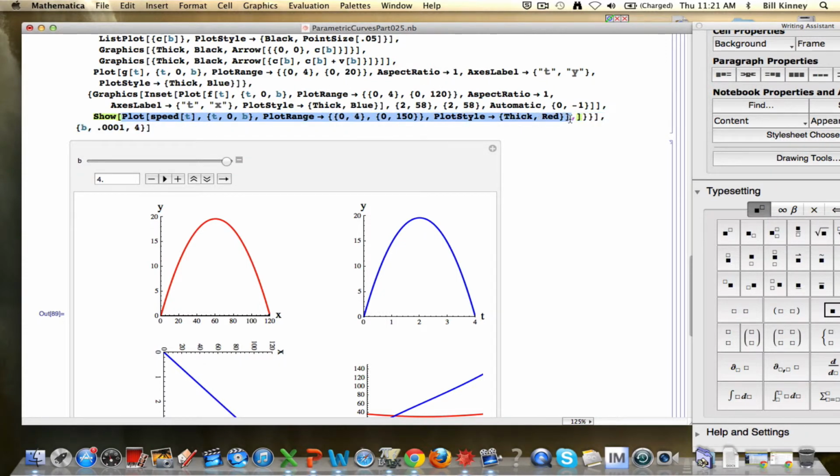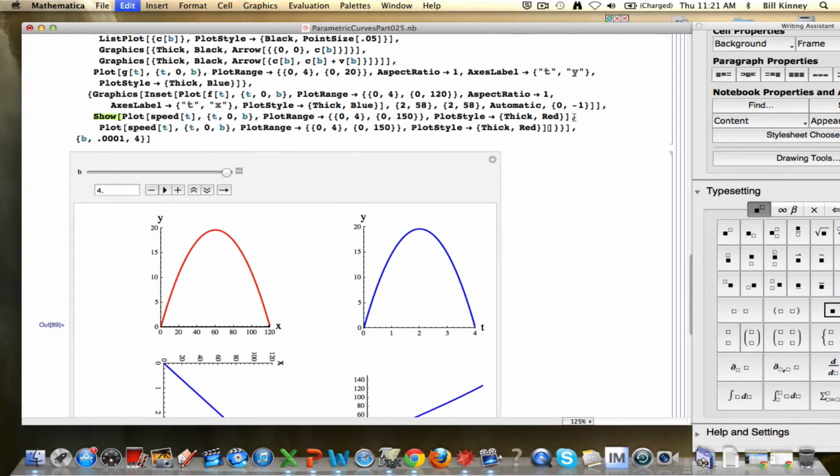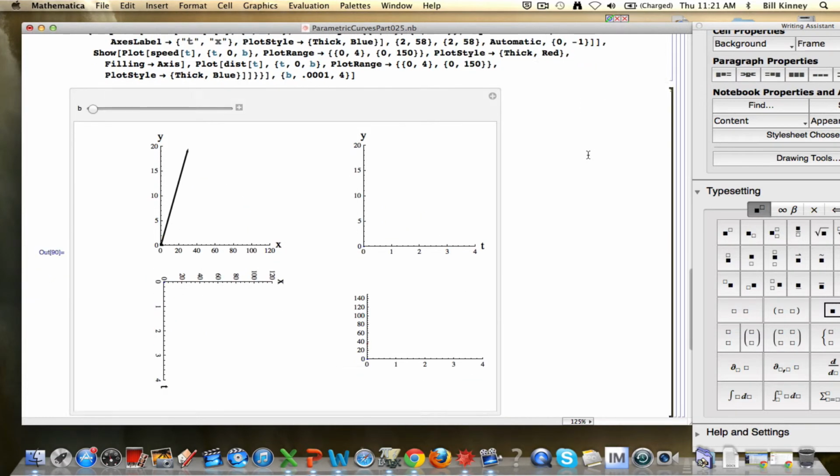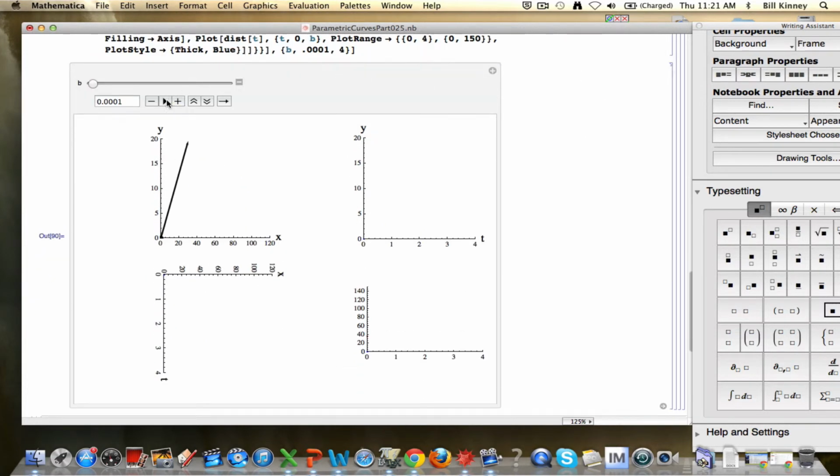Copy and paste this, put it after the comma, change the word speed to dist, change red to blue. And I would like to shade the area under just the red graph. That's why I did all this. And Filling -> Axis should do what I want. We're shading the area under the red graph.